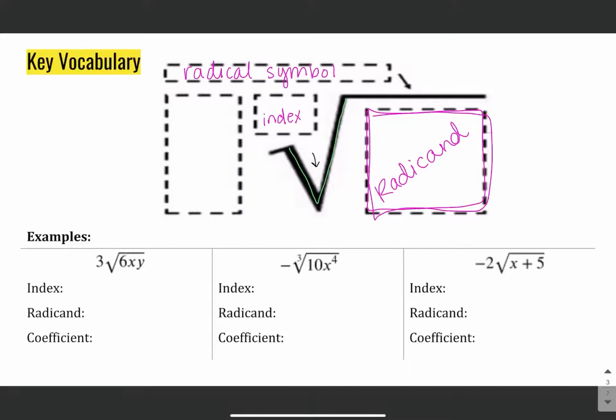And then we could have a number that's written in front of the radical. And just like with parentheses, if I had a number written in front of the parentheses, what would we call that number? Well, hopefully you would remember that we would call that number the coefficient.